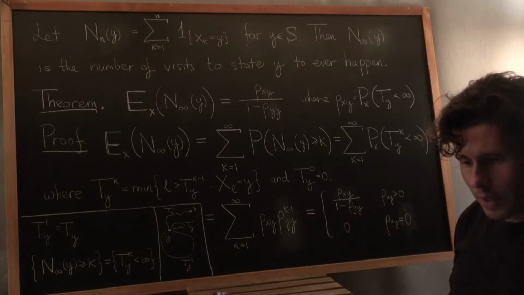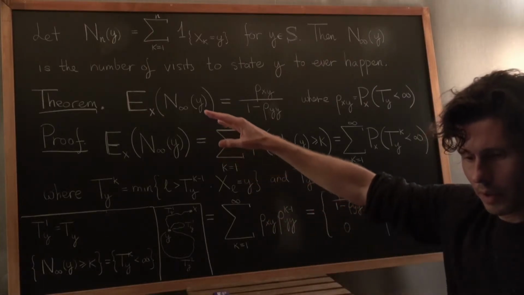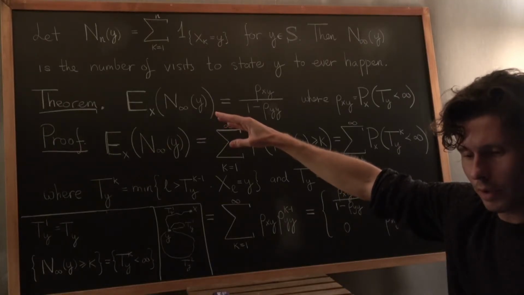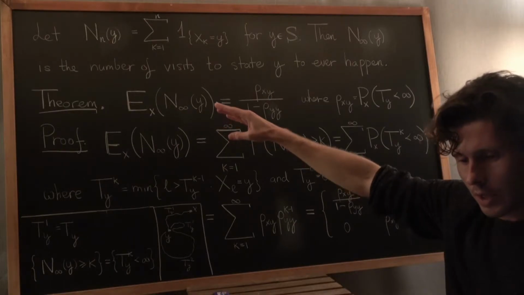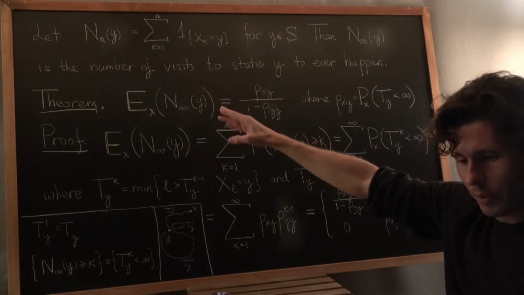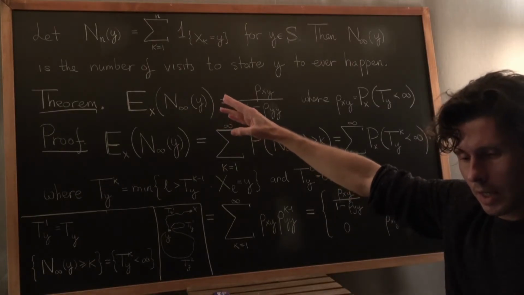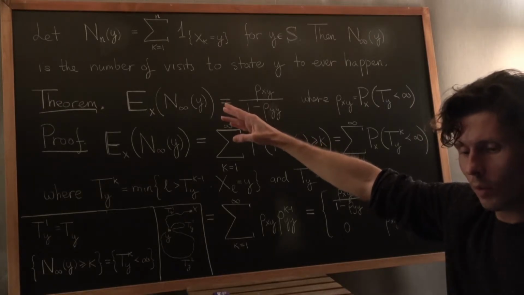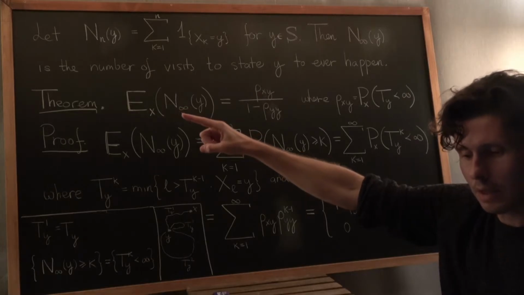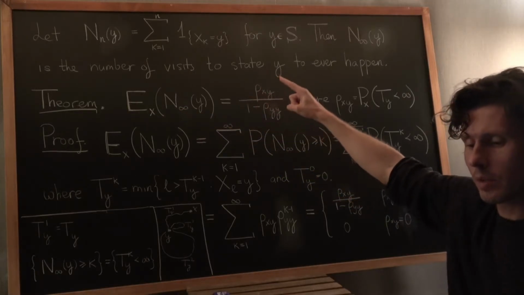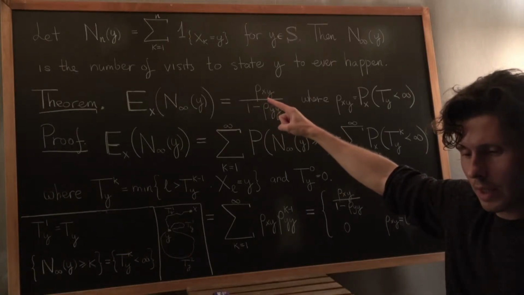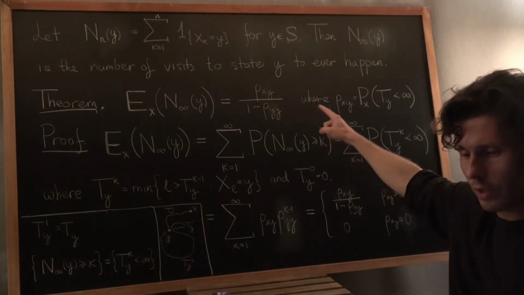So why is this useful? Well, first we're going to try to compute its expected value, and you'll see in a second what this means for recurrence. On the left-hand side we're computing the expected number of visits in all time to state y when starting from state x, and the claim is that it's equal to this ratio here, where rho_xy is a slight generalization of our notation so far.